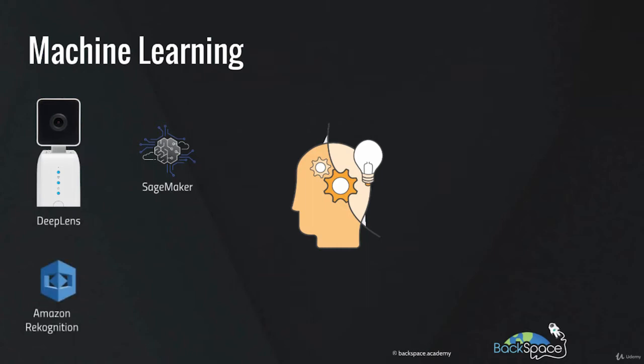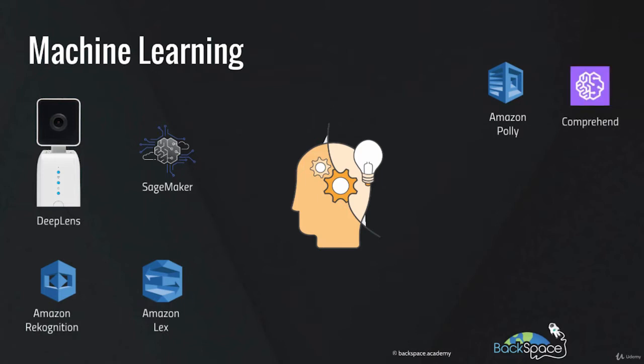Amazon Rekognition provides deep learning based analysis of video and images. Amazon Lex allows you to build conversational chatbots. These can be used in many applications such as first-line support for customers. Amazon Polly provides natural sounding text-to-speech. Amazon Comprehend can use deep learning to analyze text for insights and relationships.